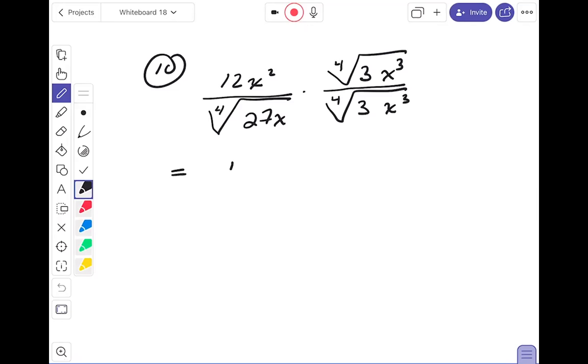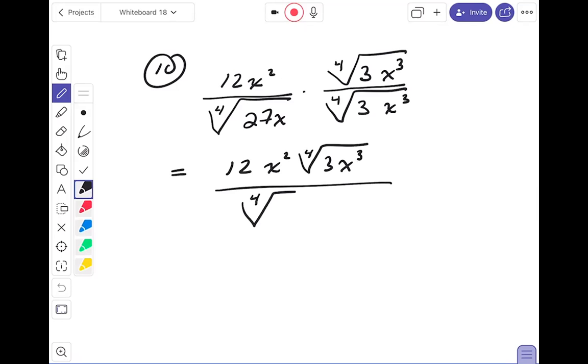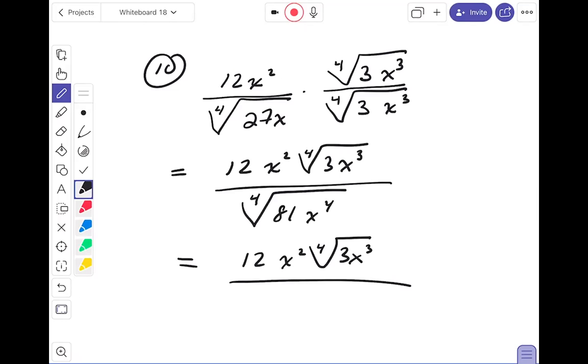Let's write this down. You get 12 x squared, 4th root. This is the top, 3x cubed. What do you get at the bottom? 4th root. It's more difficult, so I'll write down the steps. 81 x4. Let's keep going. 12x squared, 4th root, 3x cubed. The 4th root of 81 is 3, and the 4th root of x4 in this classroom is x.